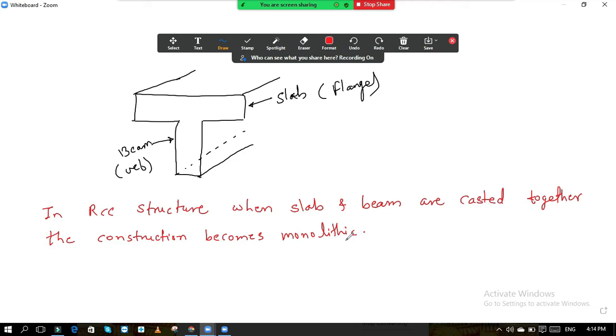Okay, monolithic म्हणजे एक साथ एक जीव. When the RCC slab and beams are cast together, the construction becomes monolithic. Okay, so this is the first point.